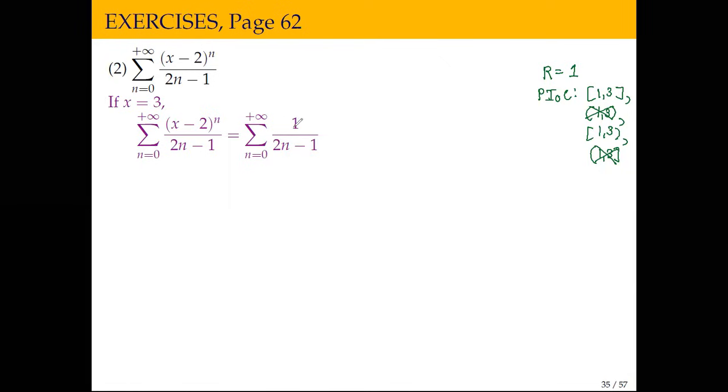Notice that for all values of n except 0, 1 over 2n minus 1 is positive. So when n is equal to 0, 1 over 2n minus 1 is negative 1, which is negative.